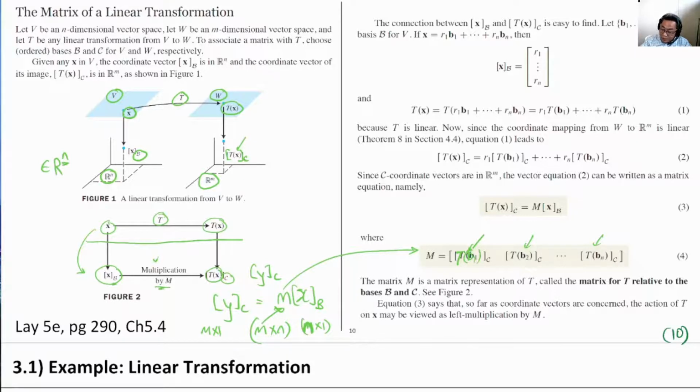So there are n of them because these are the basis for the input, and because we need M to be in the C basis space, we convert this into the C basis. Okay, so this is the M matrix representing T relative to basis B and C.